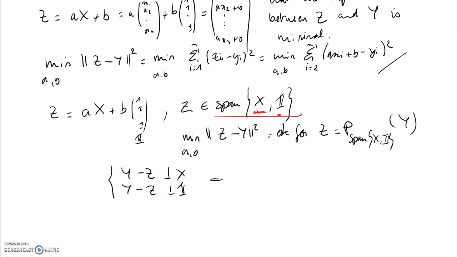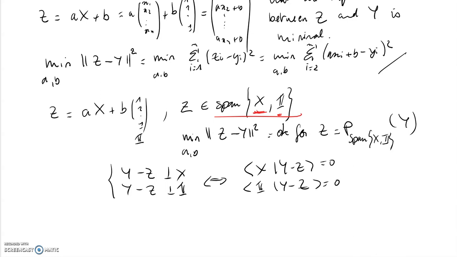That gives you these two equations in terms of scalar product: the scalar product of x with y minus z is equal to 0, and the scalar product of 1 with y minus z is equal to 0.